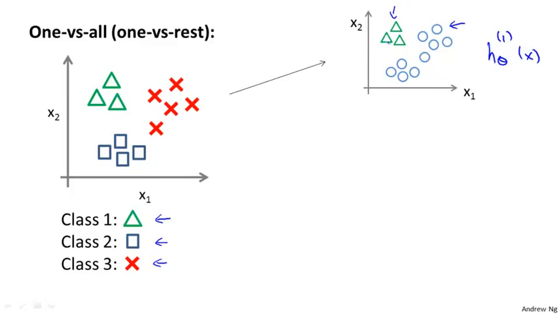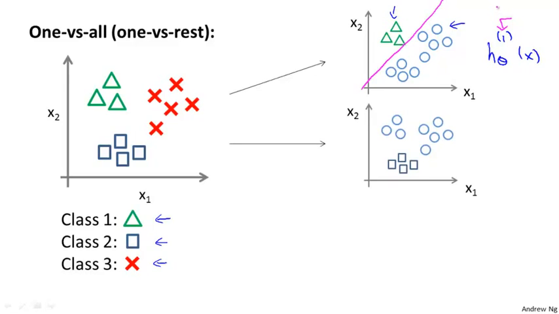So think of the triangles being assigned the value of 1 and the circles the value of 0. And we're just going to train a standard logistic regression classifier, and maybe that will give us a decision boundary that looks like that. Okay? This superscript 1 here stands for class 1, so we're doing this for the triangles of the first class.